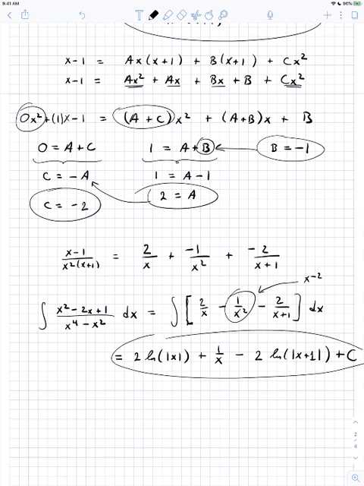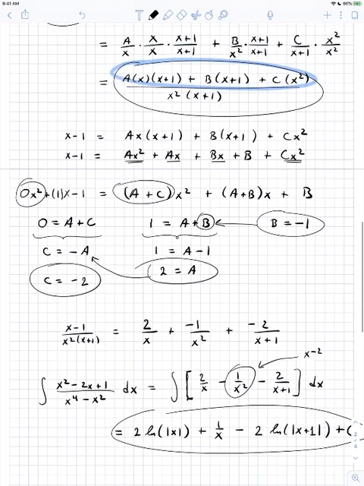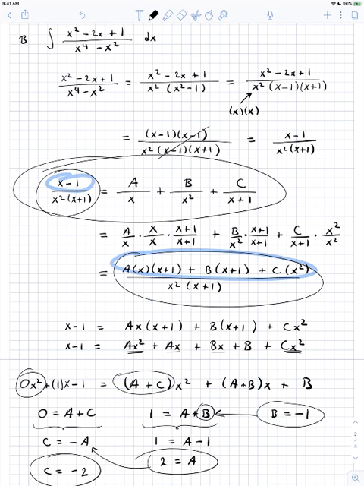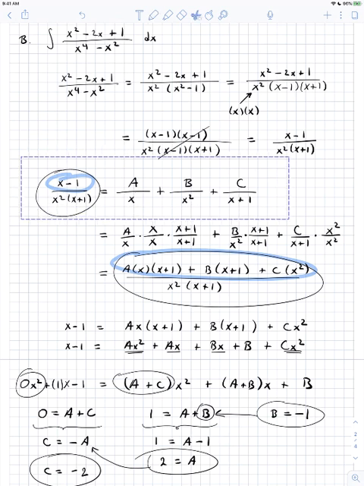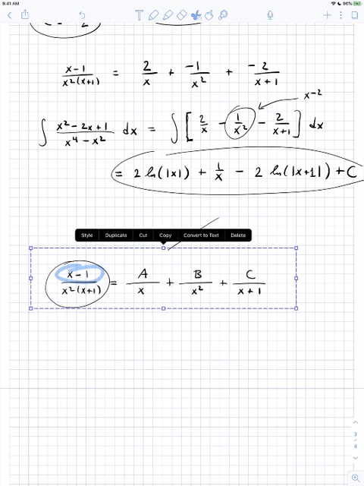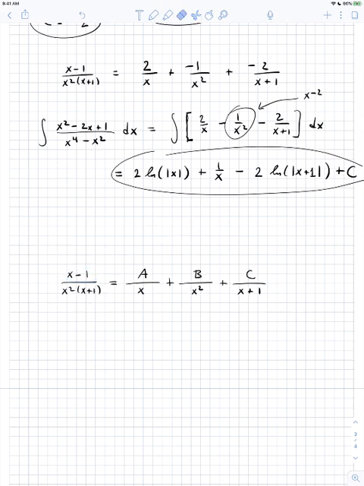Now let's just go back over this just for a second, or at least one part of it. Let's look at our partial fractions expansion that we have up here. Let me just copy and paste it so that we can look at it. So remark, the partial fractions expansion has this form.